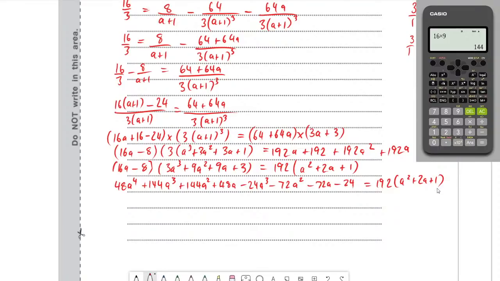Anyway, let's do some simplifying. We've got 48a to the power of 4, plus 120a cubed, plus something gross. So that's 72a squared.